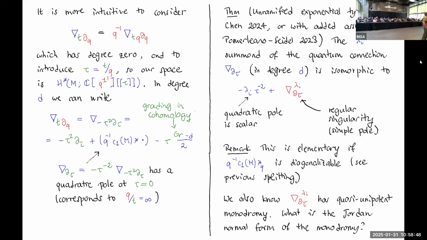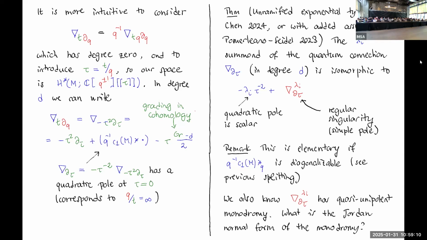If you divide by minus tau to the minus 2, you'll get a minus here, which is why you have minus the eigenvalue. So each summand of this connection is isomorphic to one where the quadratic pole has a very simple form, a multiple of the identity, and the rest has a regular singularity and a simple pole.